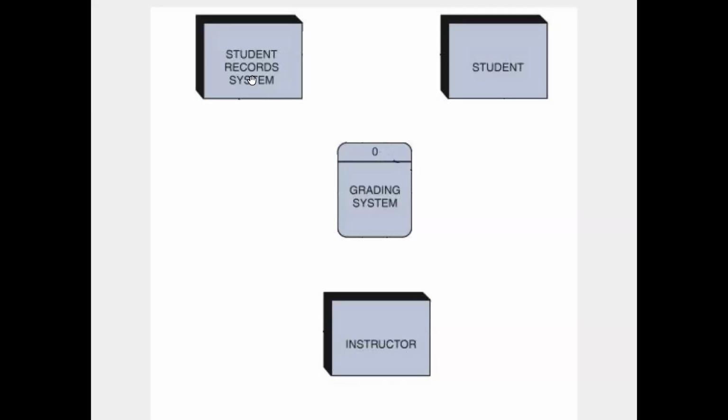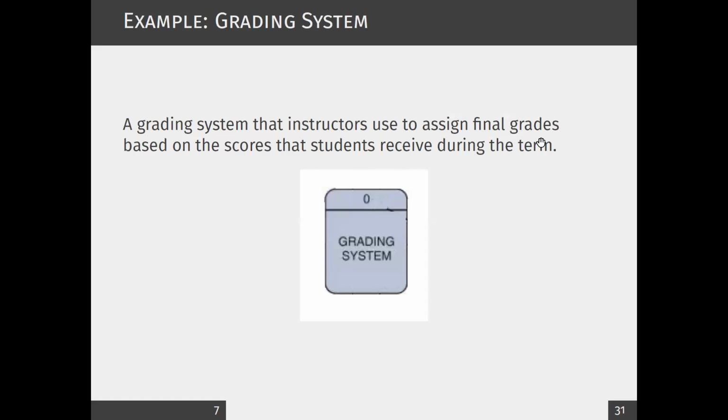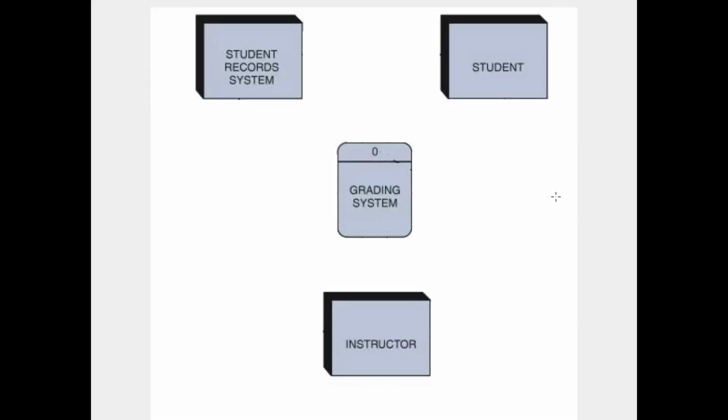That means all the entities which interact with the grading system. Remember, this problem is about assigning final grades based on the scores of the students. So what you should have is a student and an instructor. Other than that, their scores are recorded in another system. So this is called the student record system, right?